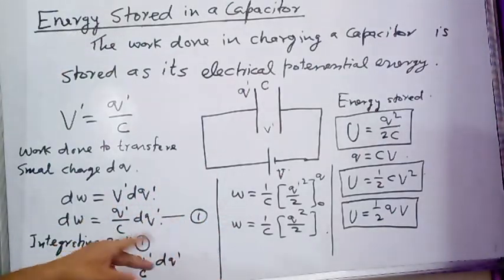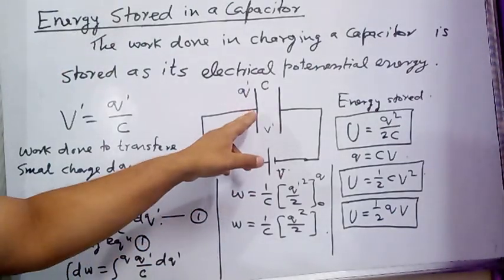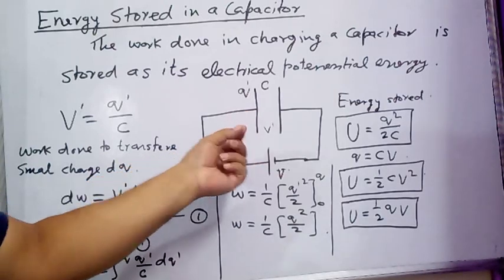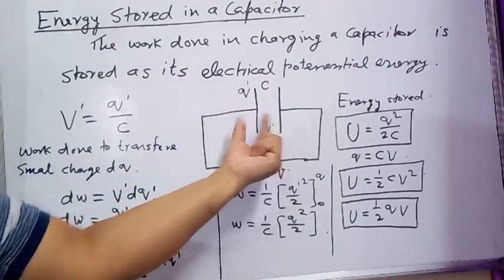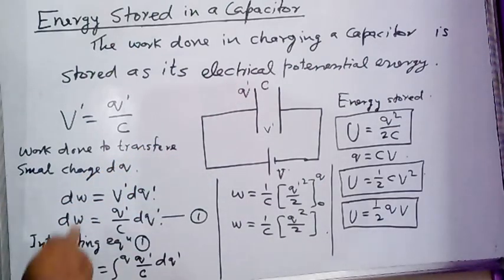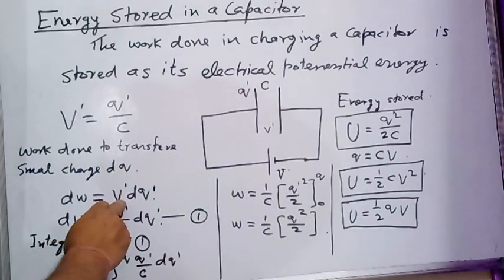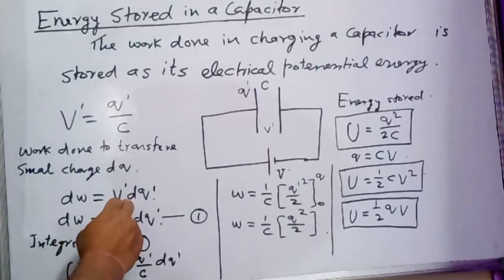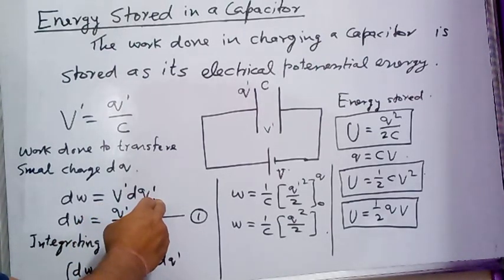See, work done to transfer unit charge on the plate of the capacitor is potential difference between the plates. If dq charge is to be supplied further, the amount of work done is going to be work done for unit charge multiplied by amount of charge to be transferred.